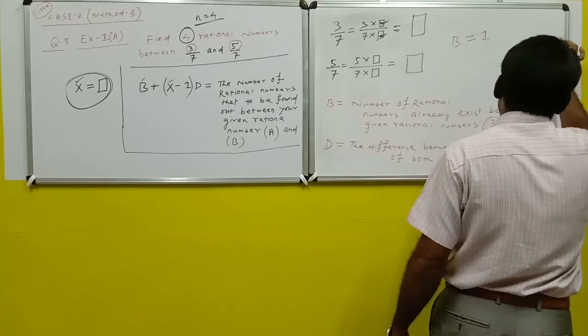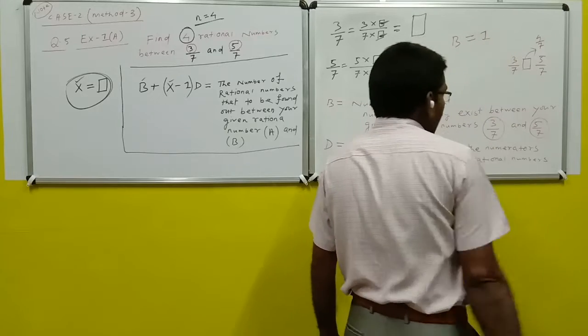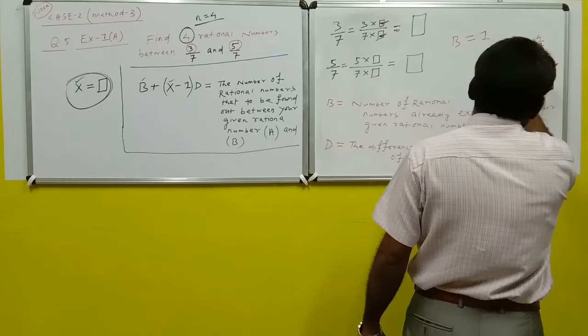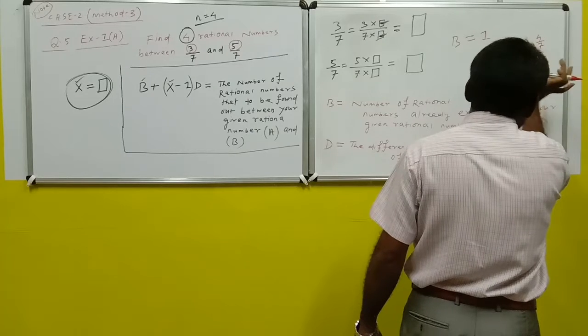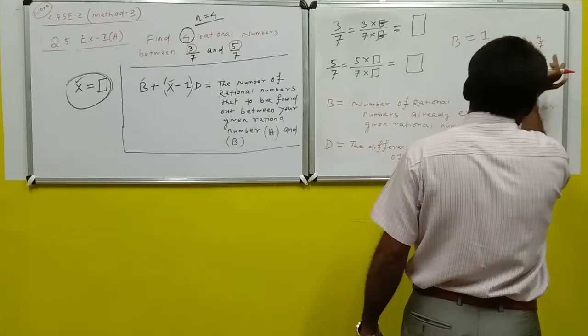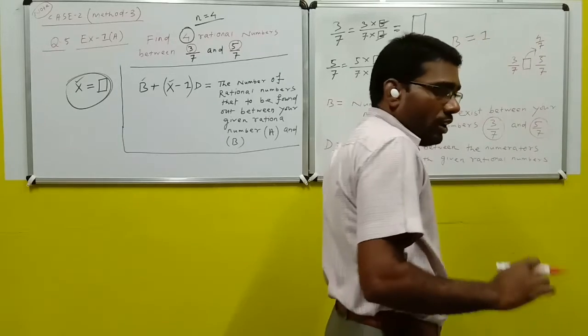So the value of b will be 1, because only one rational number already exists between your two given rational numbers 3/7 and 5/7. Therefore the value of b will be 1.